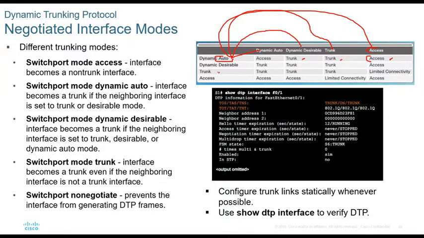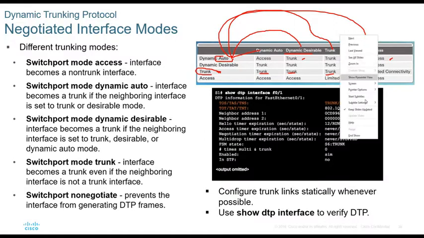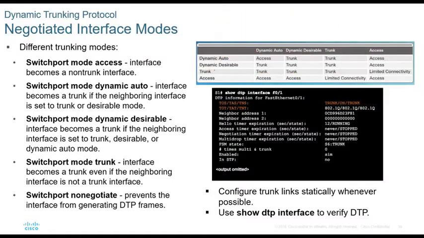Alright, so manual trunk, when you pair it with dynamic auto, it becomes trunk. Trunk paired with a dynamic desirable will result in trunk. Trunk and trunk will also result in trunk. So, this is the only one that's not right. For example, when you compare trunk with an access, let's check that. Okay, if you pair one port of a switch as a trunk and the other one is access, it will result in limited connectivity.